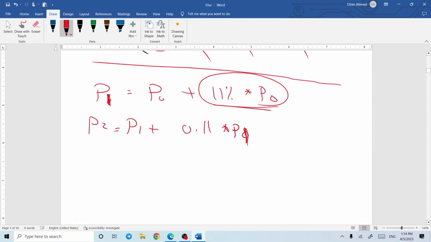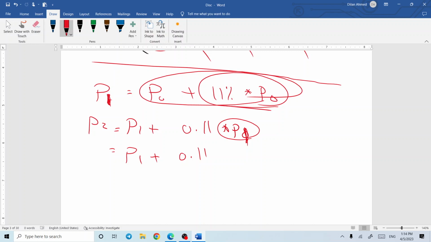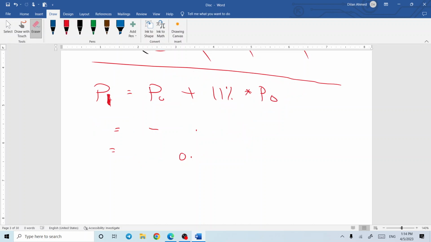Because I look at P2, equal to P1 plus 0.11 times P1 again. This formula, right? Let me do it again to be more clear. At the beginning, we don't count P1 actually.